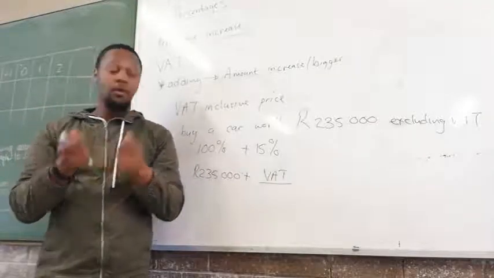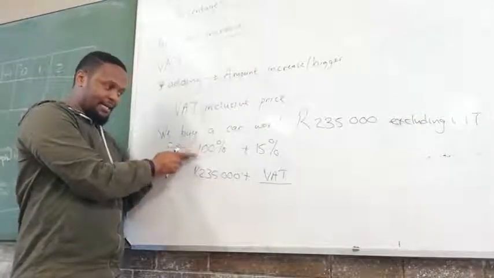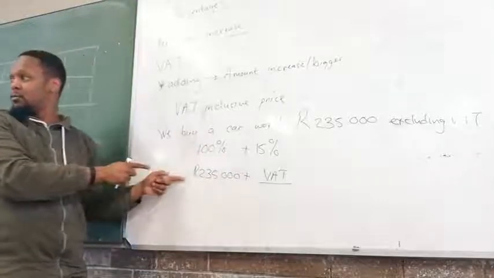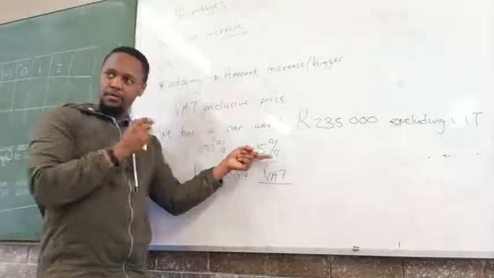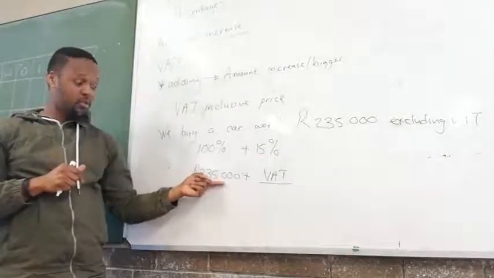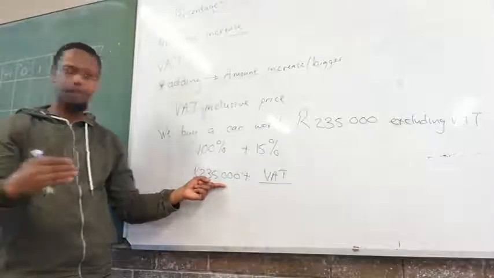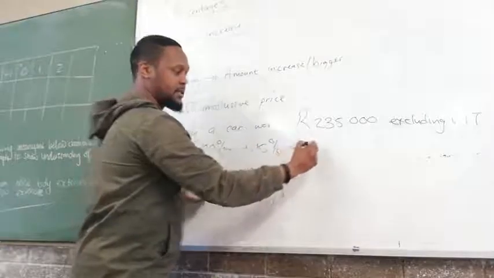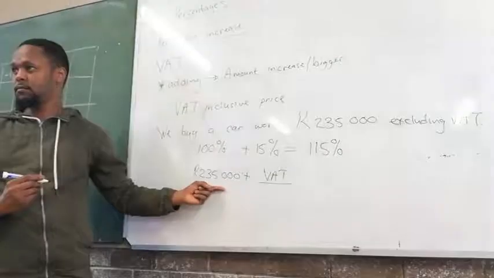Okay? So, what we are going to do instead is that we are going to say, we recognize that this 100% represents 235,000 rands. We know that. And then we also know that there's a certain amount of money which is called VAT, which is 15%, that needs to be added to this 235,000 rands in order to get us to the VAT inclusive amount. So we are going to say 100% plus the 15% is going to be 115%. Okay.